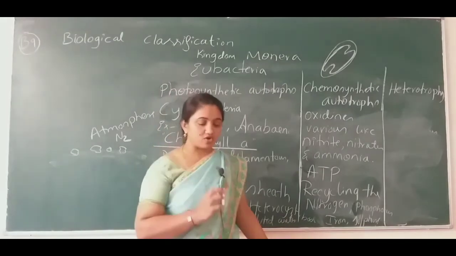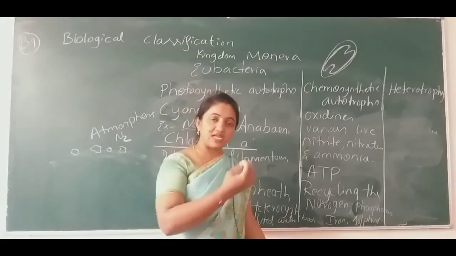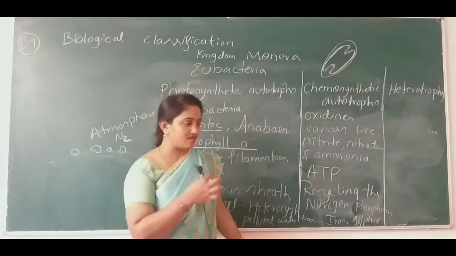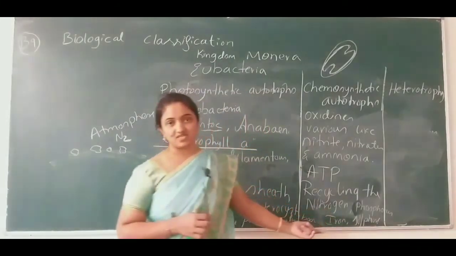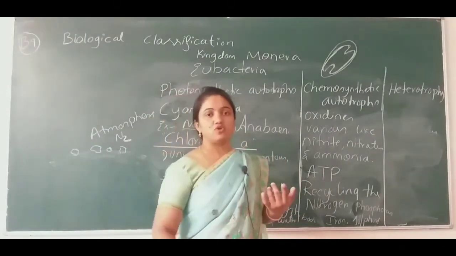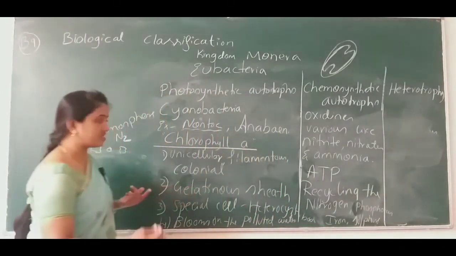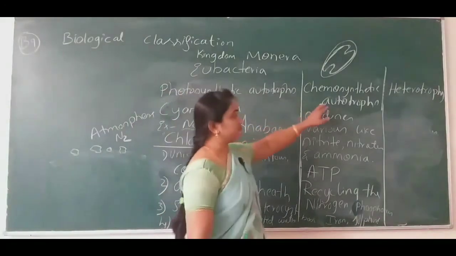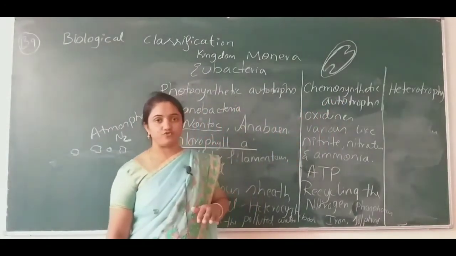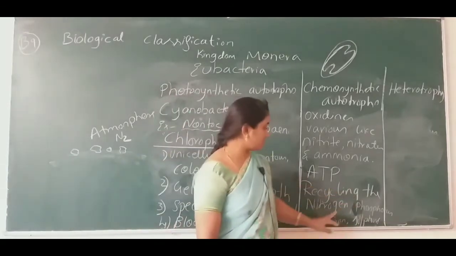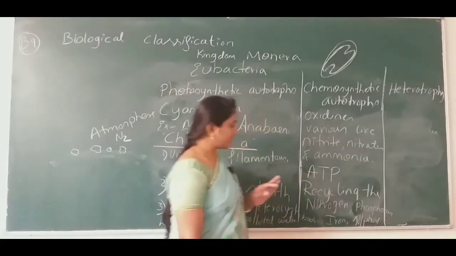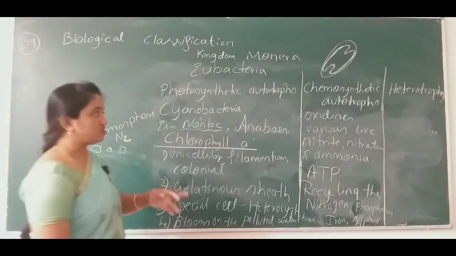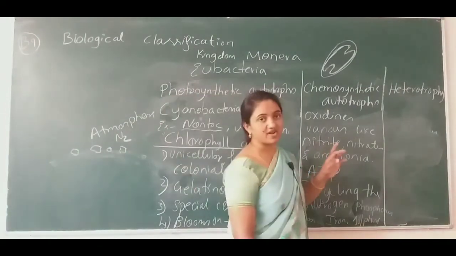No doubt, the yield of the crop will increase. The plants grow faster and yield more. So this is how these bacteria are very useful. They recycle nitrogen, phosphorus, iron, sulfur. This is also an important one to remember.